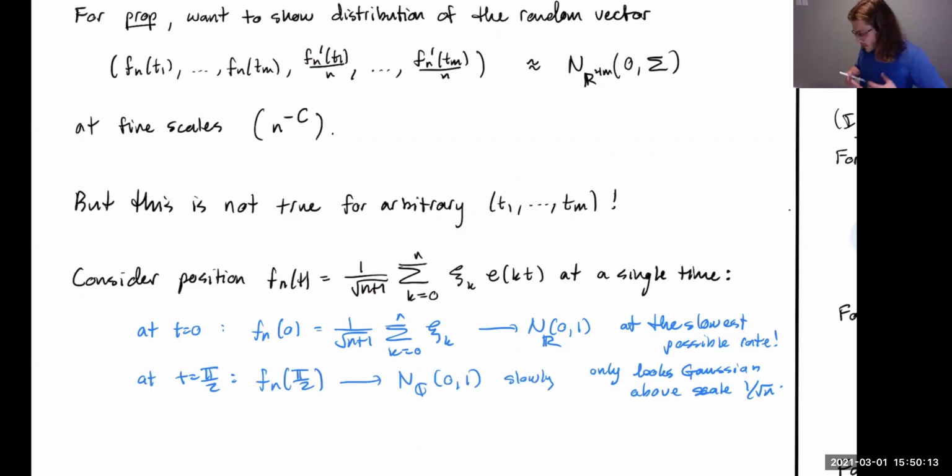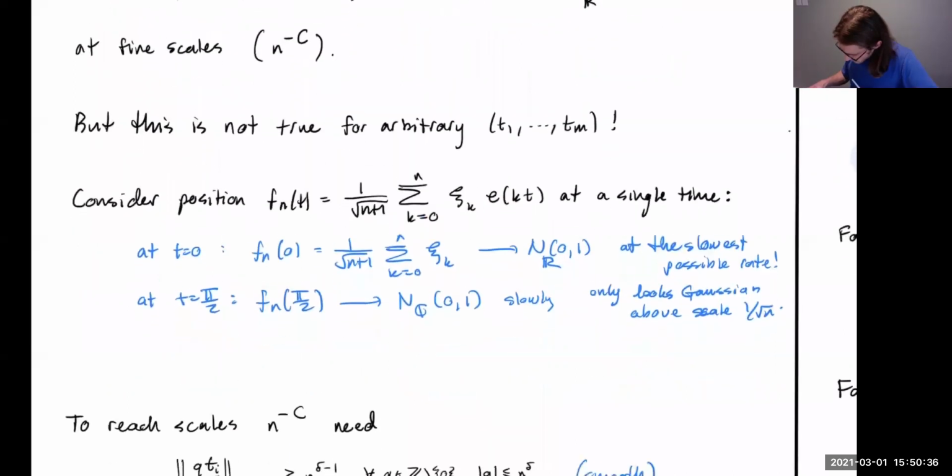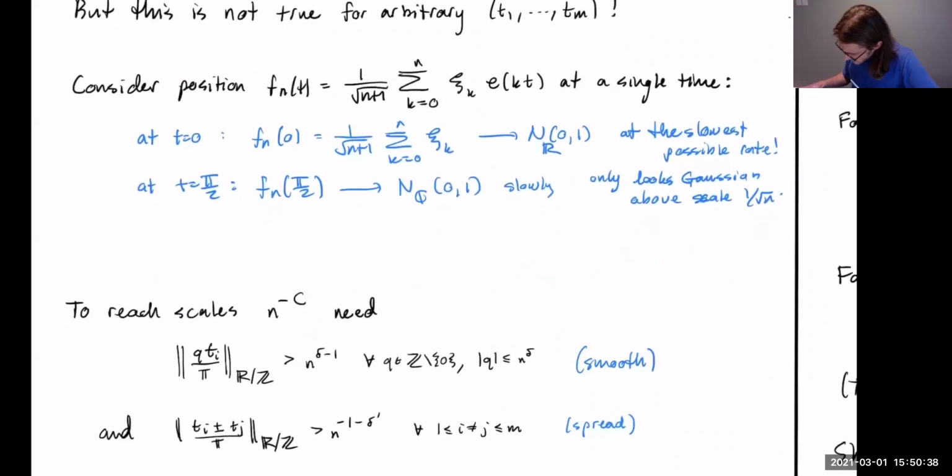To get better exponents than 1 over root n, you just need to stay away from those points. But then you can imagine that if you're very close to a rational with denominator q, then you're only going to get some exponent depending on q. But we want to go to arbitrary polynomial scales. And so this is the criterion basically.